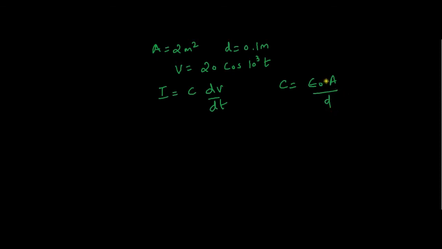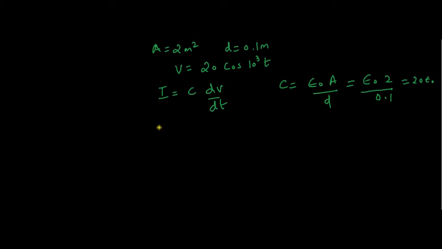Epsilon R is equal to 1 because it is an air filled capacitor. With area 2 meters square and distance 0.1, we have got 20 epsilon naught. This is the capacitance in farad.